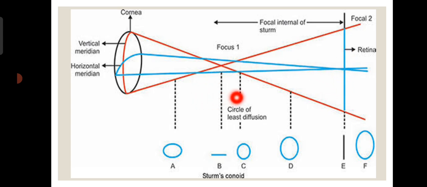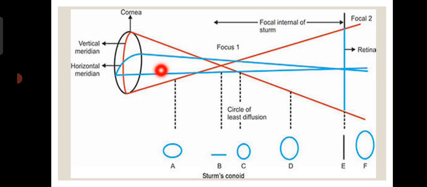The distance between focus 1 and focus 2 is called the focal interval of Sturm, right? That is the distance between where the vertical rays of light are focusing and where the horizontal rays of light are focusing. So this completely is called Sturm's conoid.